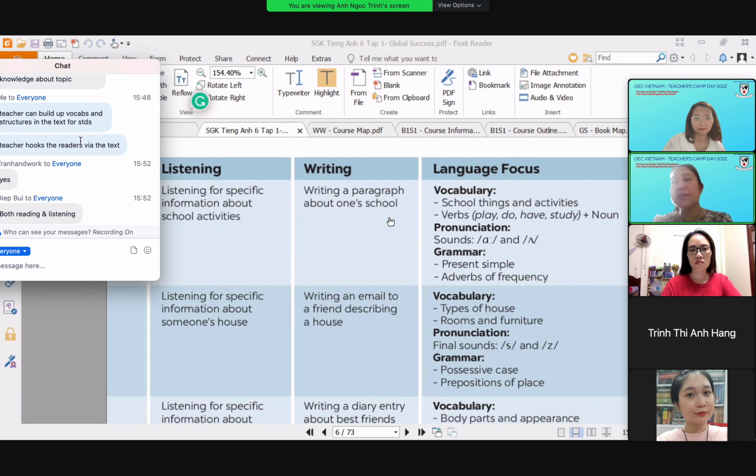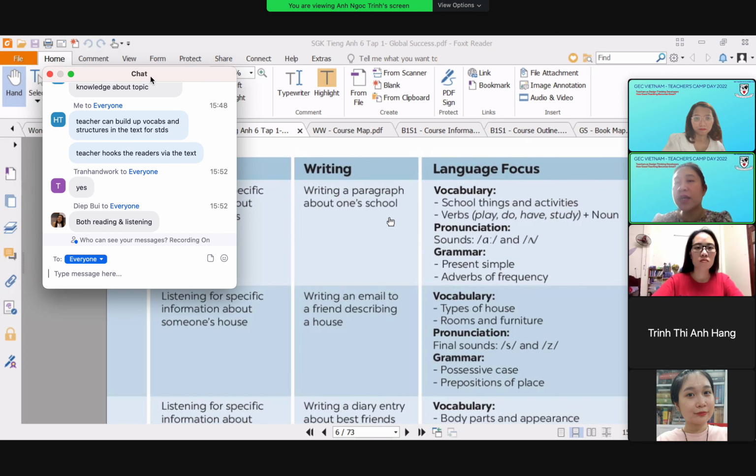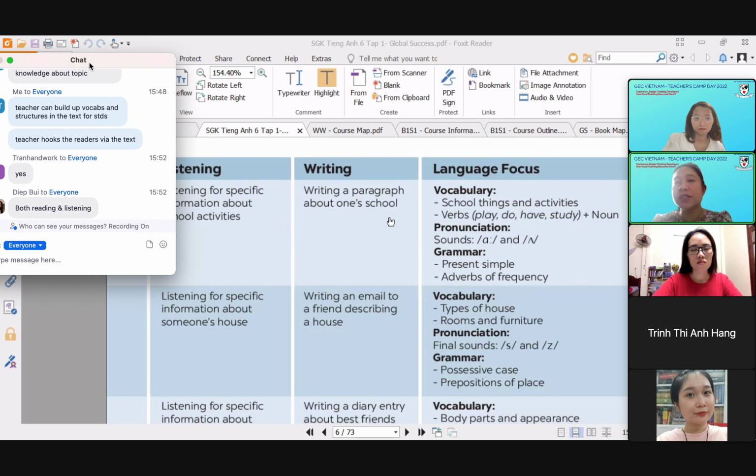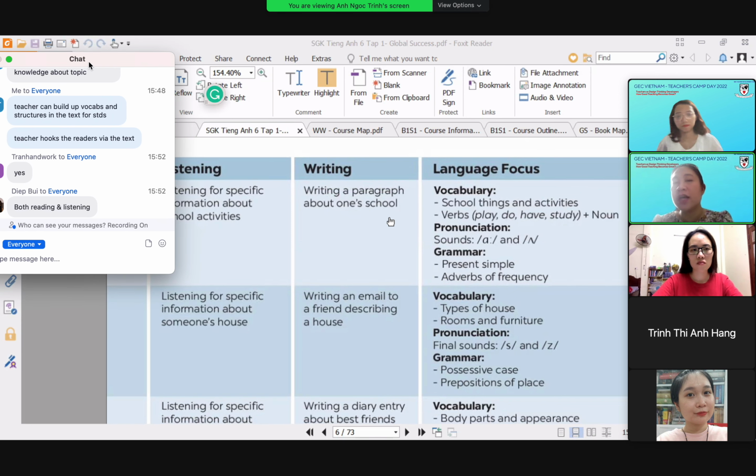And writing, as I said, we agree that writing is the hardest skill, so it's normally put at the end, so that when we assume that students have enough input, they can produce something. So writing at the end.